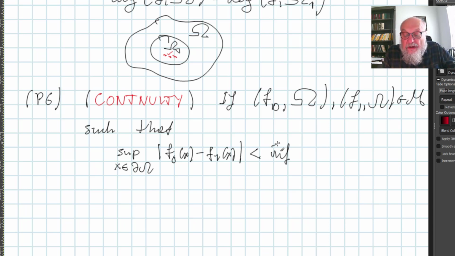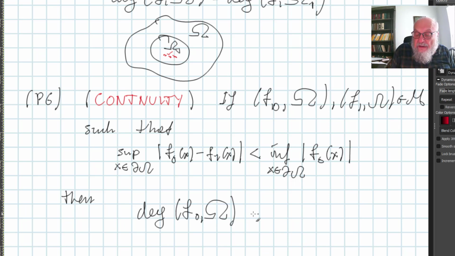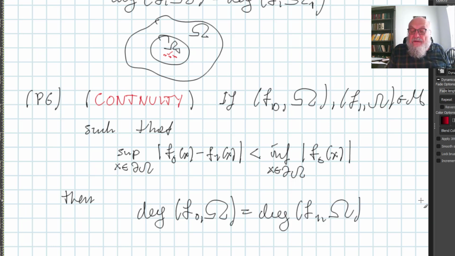Of course, this supremum is a maximum and this infimum is a minimum, because we are dealing with a compact set. Then we have that the degree of f0, omega is equal to the degree of f1, omega.